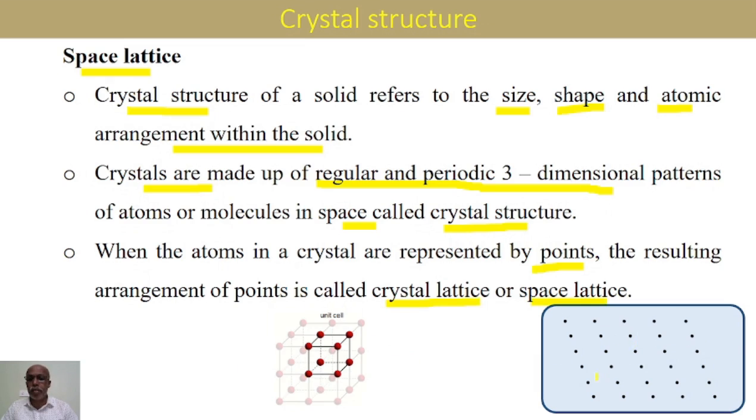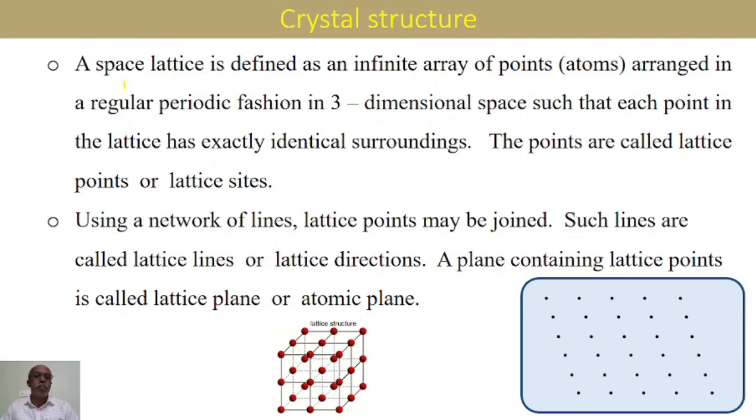This is two-dimensional, and this is the three-dimensional arrangement of points in space, which is called crystal lattice or space lattice. A space lattice is defined as an infinite array of points.